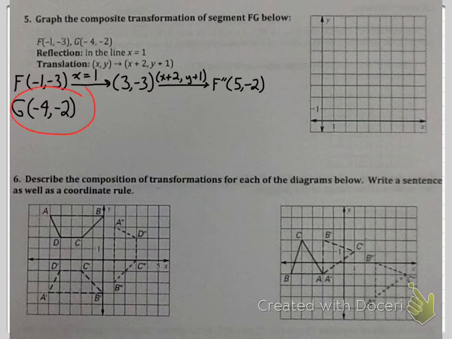And so -4, 2, if you use the counting method, is going to be 5 in front of the line of reflection. So you have to add 10 to the x value. You have to add 10 to the x value. So -4 plus 10 is the same as 10 minus 4, which is 6. So it becomes 6, -2, after it's reflected in the line x equals 1.